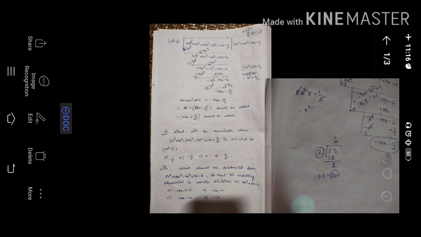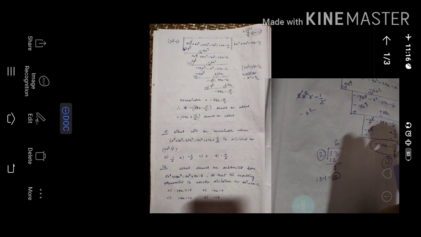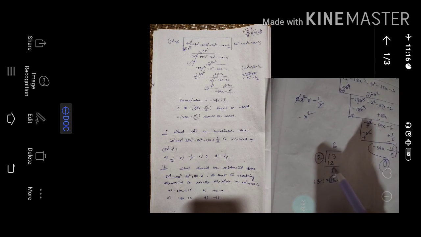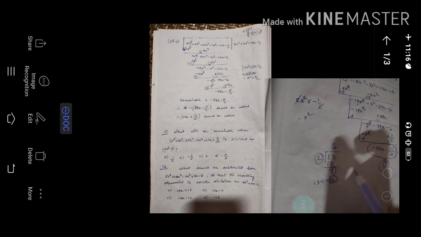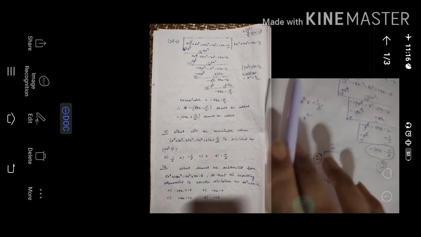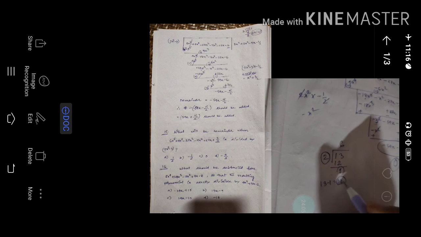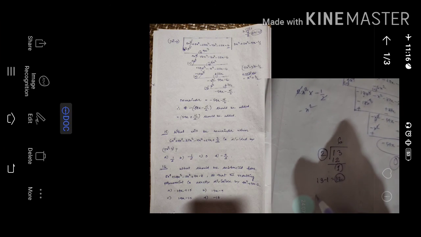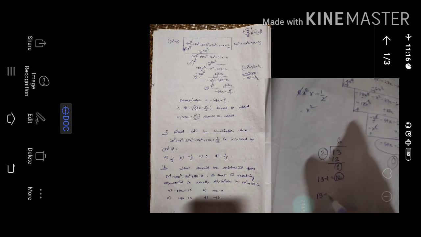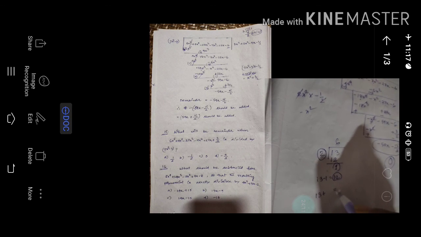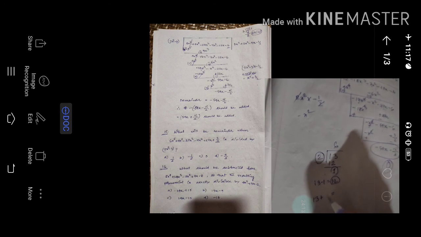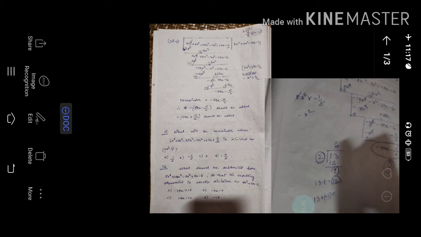But if it is asked in the question what should be subtracted, then simply I will tell that I will subtract this remainder, then it will be divided by the divisor. But here it is given what should be added to this term so that it will be divided by 2. So can I write here minus 1 if I add?